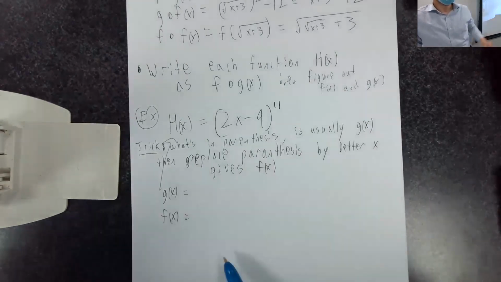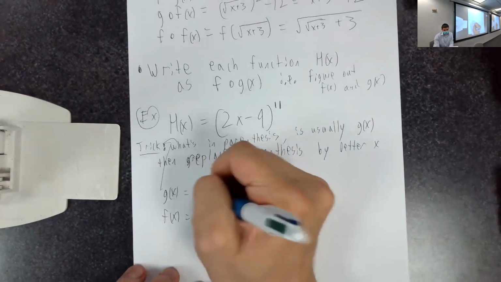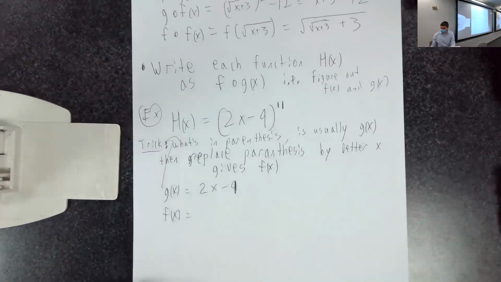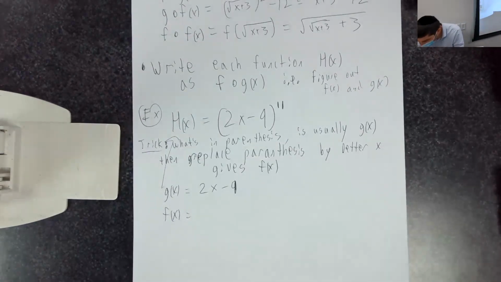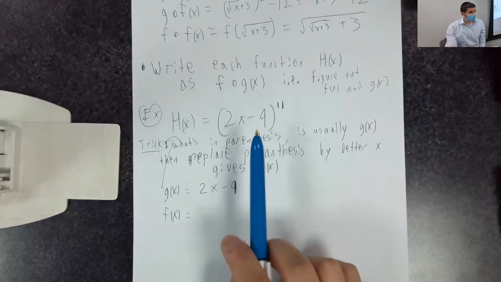What's your name? Jonathan. Jonathan? That's fine. 2x minus 9. Good. And Jonathan, if you replace 2x minus 9 by x, you get f of x.